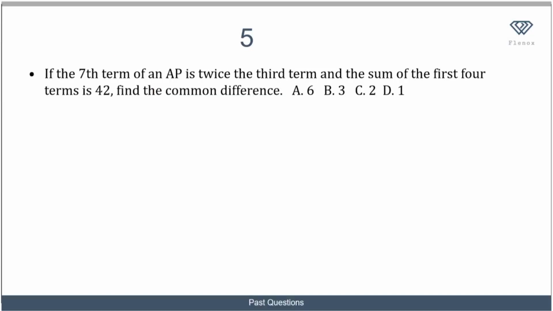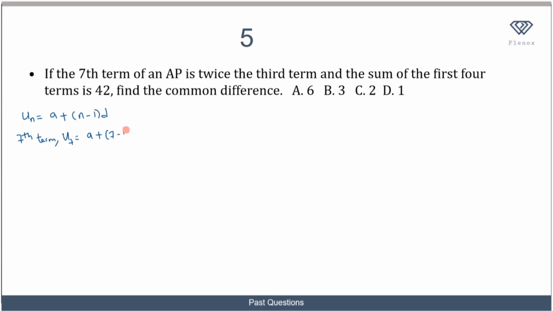Now let's look at another example, a past question to be precise. We are told that the seventh term of an AP is twice the third term. So know that the nth term of an AP is given as A plus n minus 1 D. So we know that the seventh term now will be what? The seventh term, which is U7, will be equal to what?